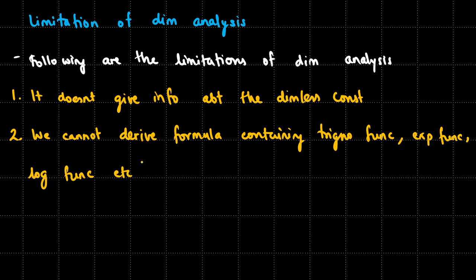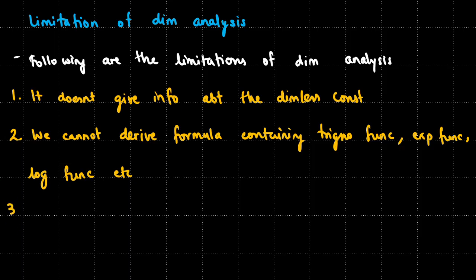Those functions, because trigonometric function, exponential function, and logarithmic function are actually dimensionless because they just give numbers. Exponential function is something raised to the power, so 2 to the power 4, 2 to the power 7, e to the power x. Those are exponential functions. And finally, logarithmic function, we will talk about logs in some video.